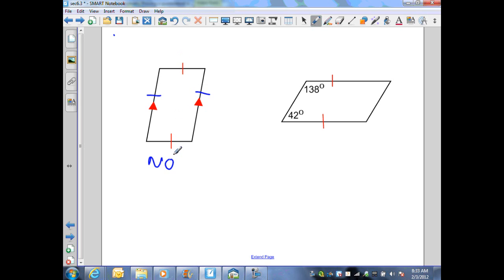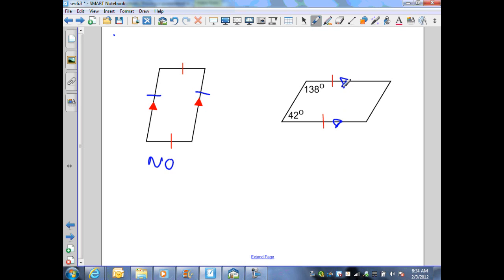In this diagram, I have one pair of opposite sides congruent and the information that the 2 angles are 138 degrees and 42 degrees. These 2 angles are cut by 2 lines and a transversal. Therefore, if I add these 2 together, I get 138 plus 42, which is 180 degrees. And that is the converse of a theorem we've had before, the converse of the same side interior angles theorem: if same side interior angles are supplementary, then the 2 lines cut by a transversal must be parallel.